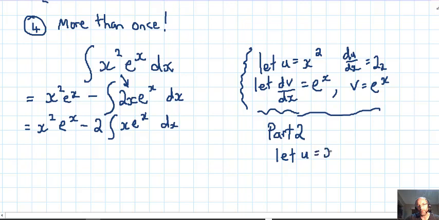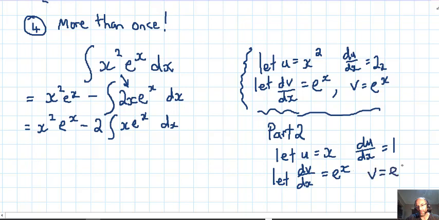If we let u equal x, du dx would be 1. And that's a very good sign. And dv dx, the thing that has to be integrated, would be e to the x. So v is e to the x, good old e to the x. I am my own grandpa.